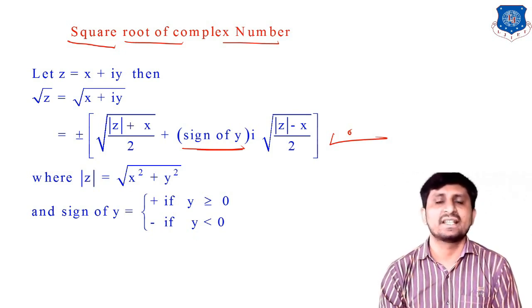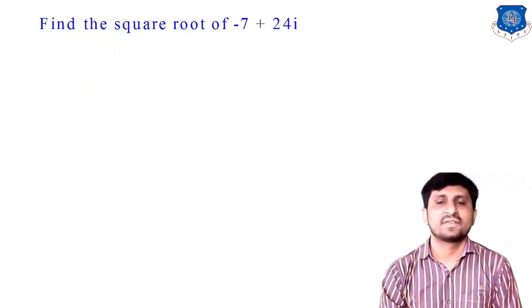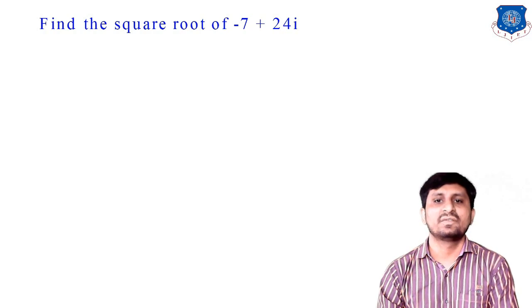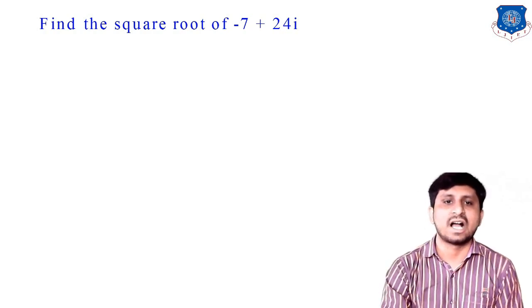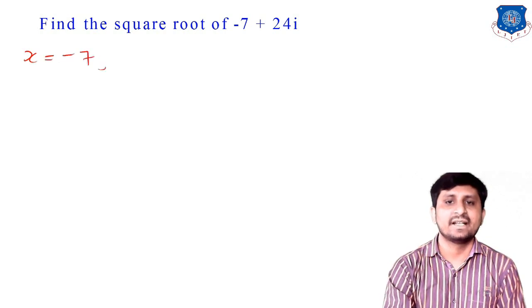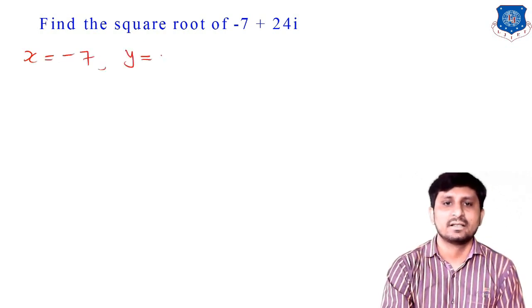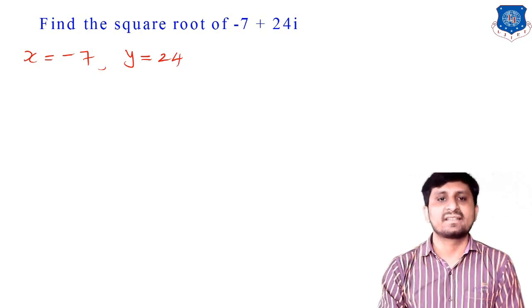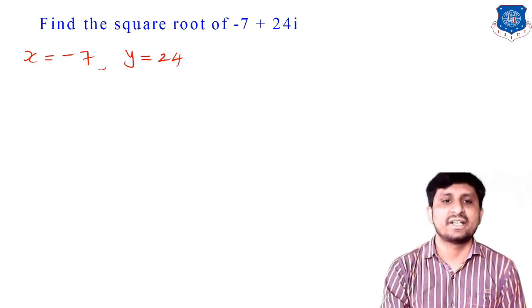So let's see how we can solve some examples using this formula. This is our first example: find the square root of minus 7 plus 24i. So what is our x? The value of x is minus 7 and the value of y is 24.